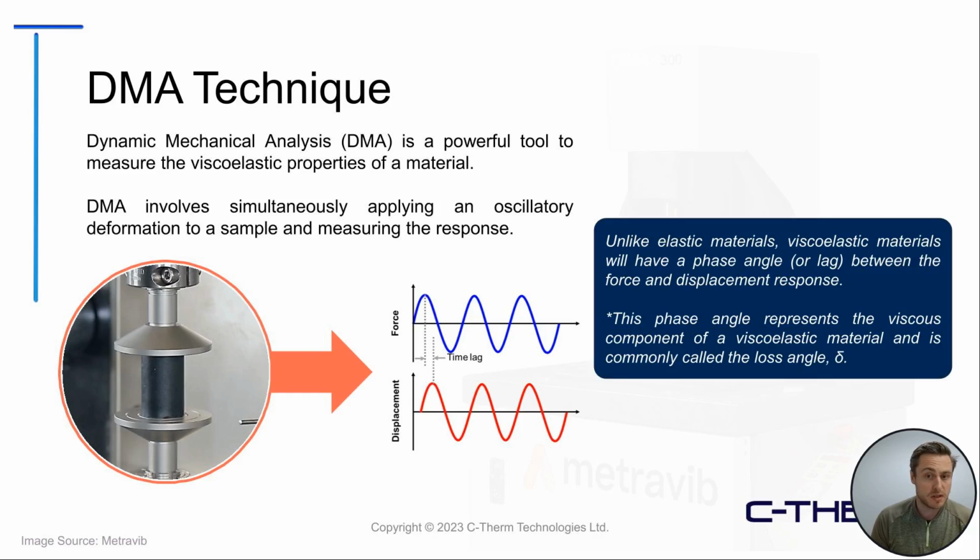This phase angle represents the viscous component of your viscoelastic material and is commonly called the loss angle, time lag, or phase angle. There are a bunch of different names for it, but they all just refer to that slight discrepancy in time between your force and displacement signal or vice versa.